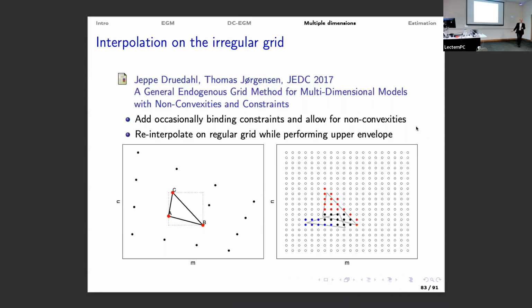This is probably the paper which is most general in trying to take EGM to multiple dimensions and occasionally binding constraints. I think that's in the title, right? Non-convexities and constraints. Here the idea is, remember how we did the EGM step for each separate discrete choice?